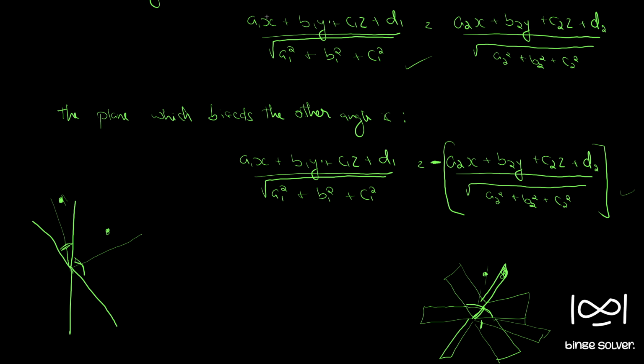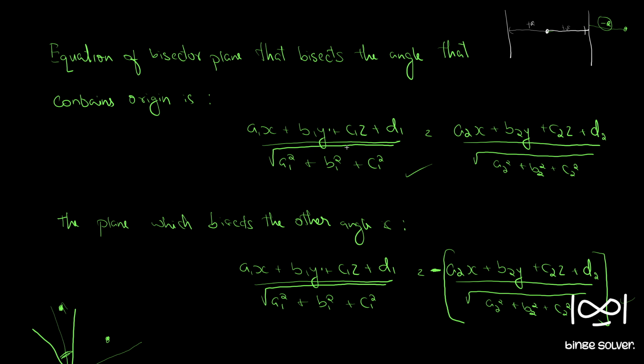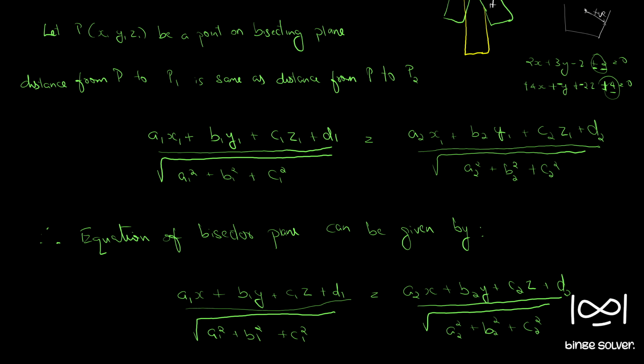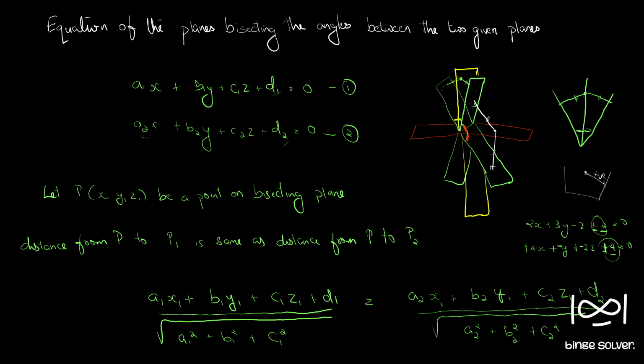So this equation will always represent the equation of the plane that bisects the angle which contains the origin. That is the easier thing to remember. And when the negative sign is there, it is the plane that bisects the angle which does not contain the origin. So we'll see a few more concepts here. This is the equation of the bisector plane.